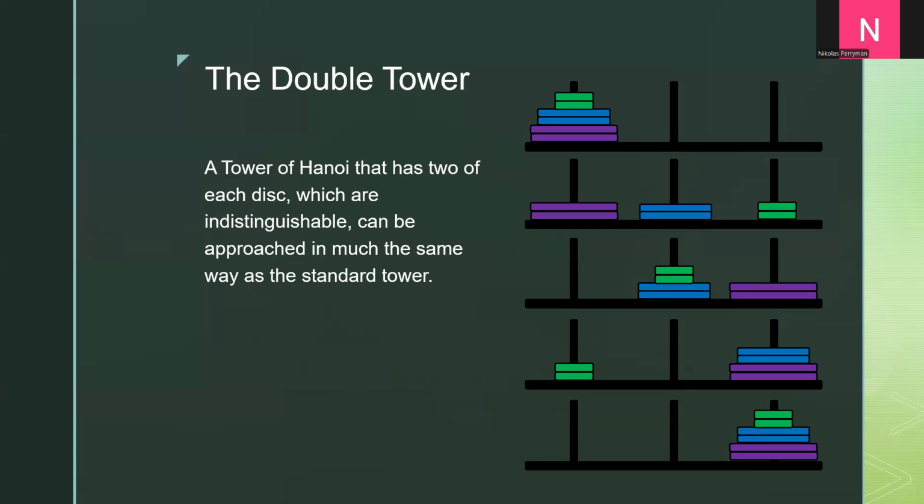Because if they're indistinguishable, then we can stack them in any order. So we can basically just move the two disks of the same size at the same time. And that's how we get the minimum number of moves to solve the tower.